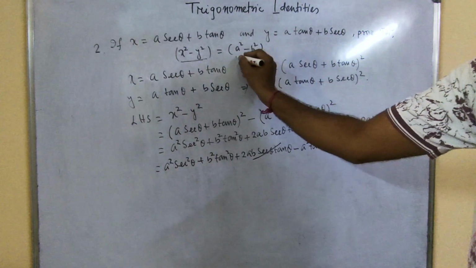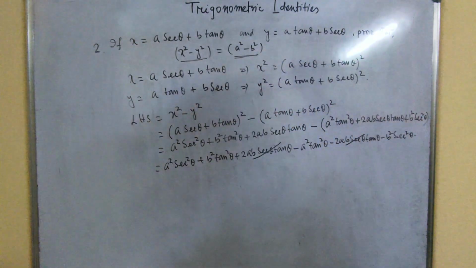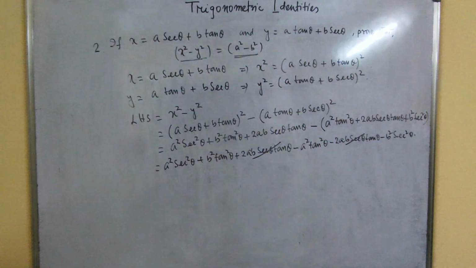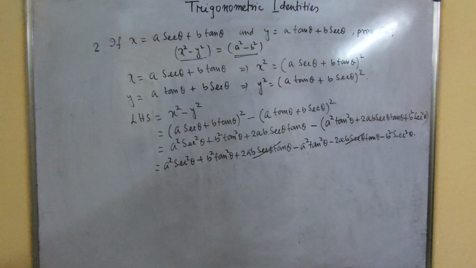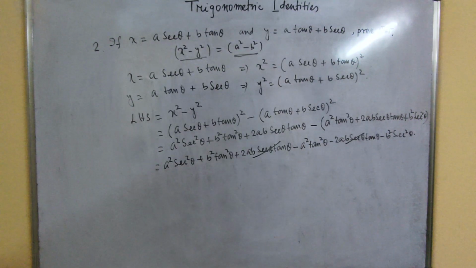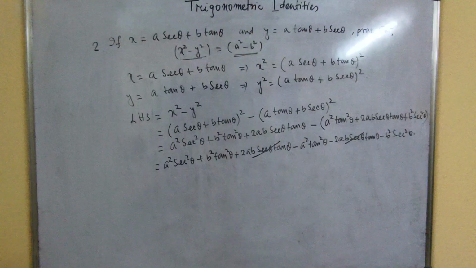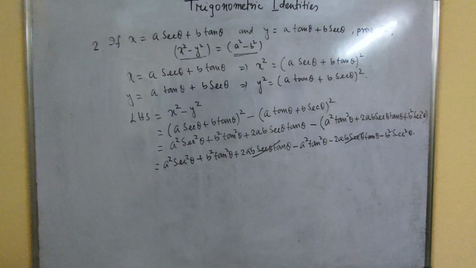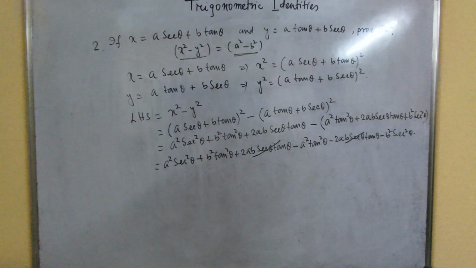But we have to prove a square minus b square, fine. So when we have to prove a square minus b square, then we must take common of a square minus b square. Okay, how is it possible?